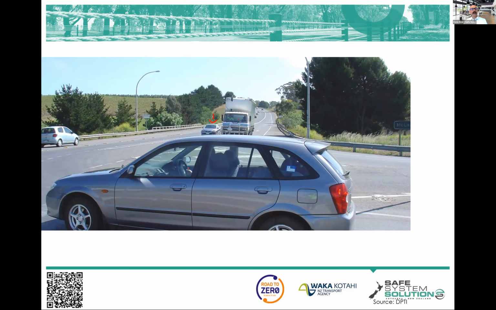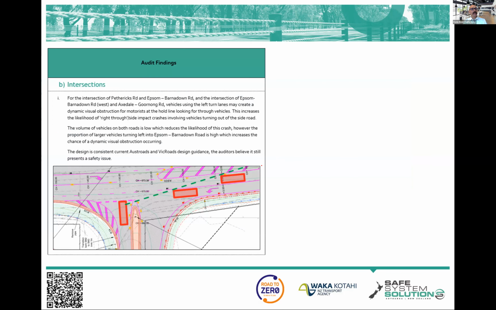And we do see a lot of crashes across New Zealand in this configuration. I say a lot. We see this happening. And we know that building that left turn lane in that configuration is going to create that dynamic visual obstruction. We call that a dynamic visual obstruction. It's a sightline impediment that's moving.